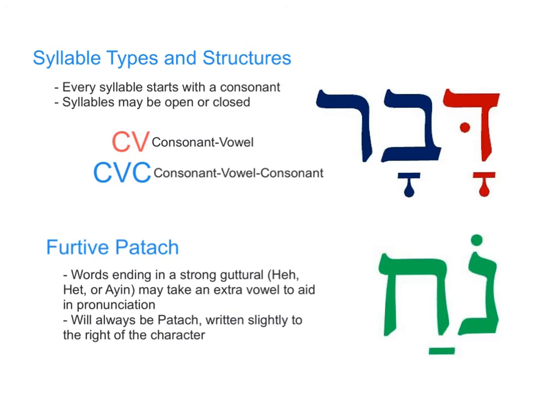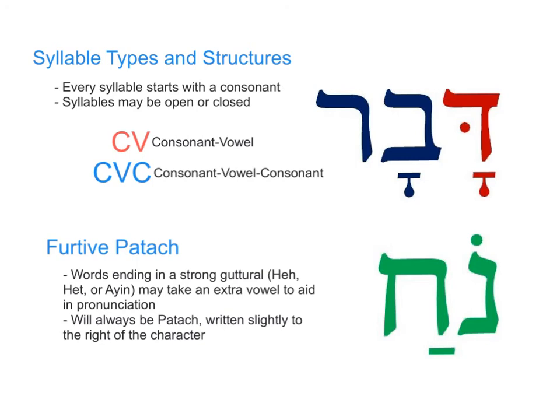There are two types of syllables in Hebrew, and they're structured based off of two pretty basic principles. So in Hebrew, we have open syllables and we have closed syllables. The nice thing is that every syllable will start with a consonant. You will never have a syllable that starts with a vowel.